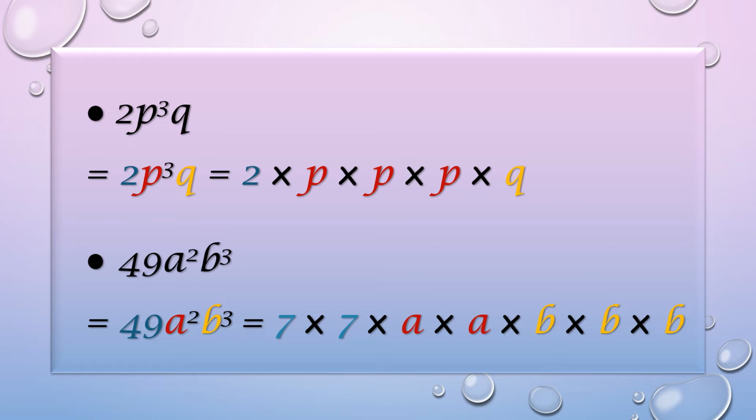There are two A's, so it can be written as A times A. There are three B's, B times B times B. So, the whole answer is 7 times 7 times A times A times B times B times B.